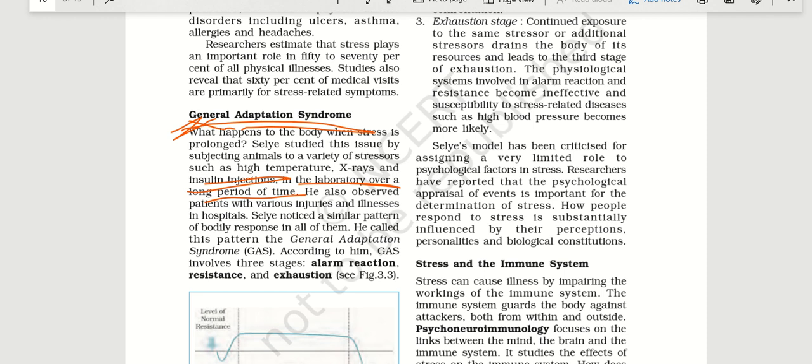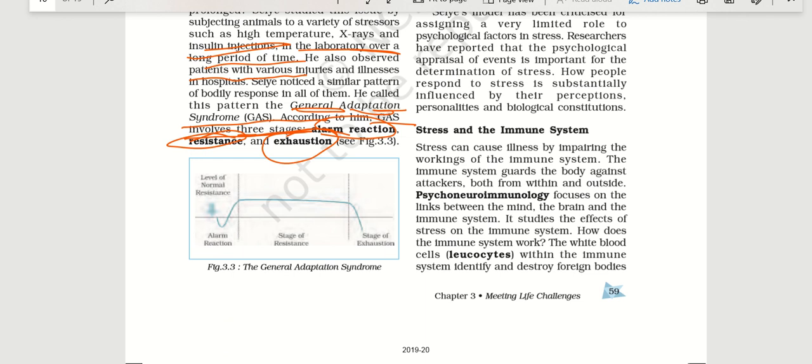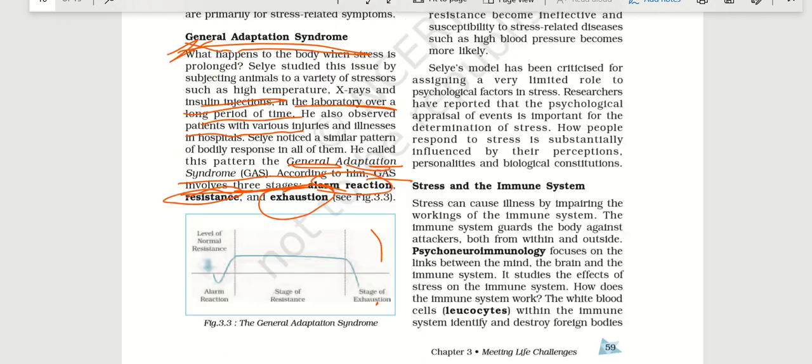He also observed patients with various injuries and illnesses in hospitals. Selye noticed a similar pattern of bodily response in all of them. He called this pattern general adaptation syndrome. According to him, GAS involves three stages: alarm reaction, resistance, and exhaustion. This is how he explained it.